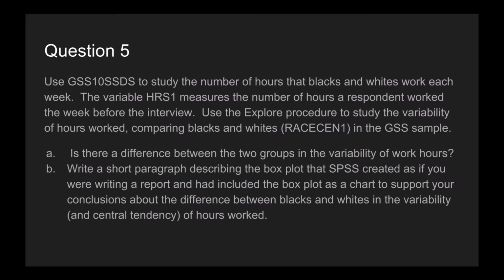Then we're going to see if there's a difference between the two groups in the variability of work hours. Then we're going to write a short paragraph describing the box plot that SPSS created as if we were writing a report and had included the box plot as a chart to support your conclusions about the differences between blacks and whites in the variability and central tendency of hours worked.